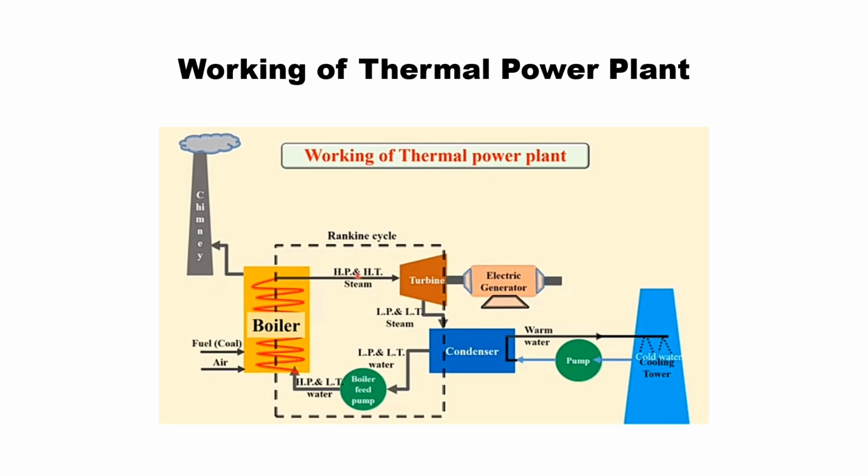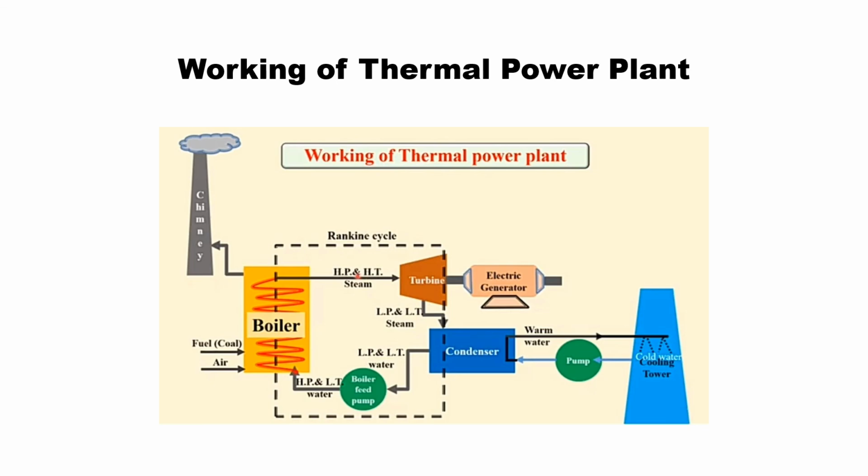As the blades start rotating, the shaft also starts rotating. As the shaft rotates, we have mechanical energy available as output of the turbine. This mechanical energy is connected to the generator. A generator is a device which takes mechanical energy as input and gives output as electrical energy.